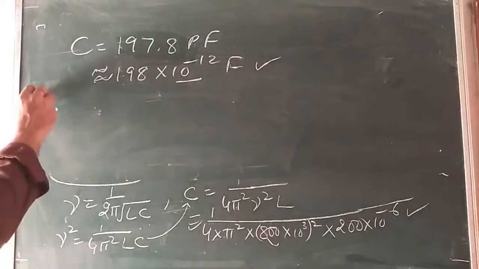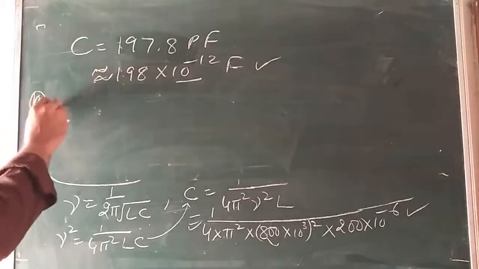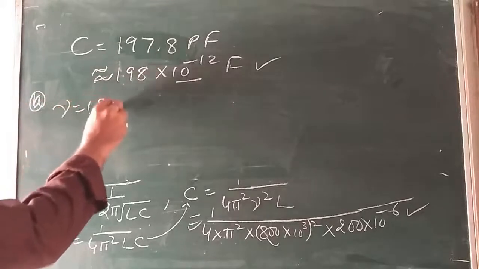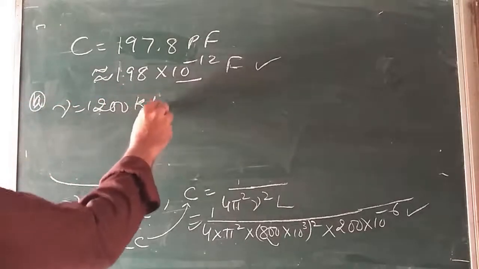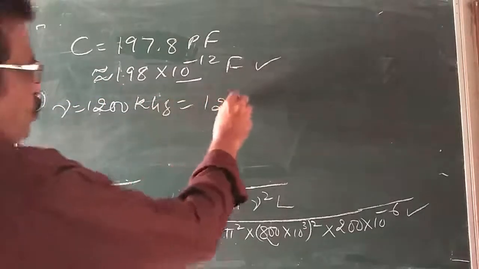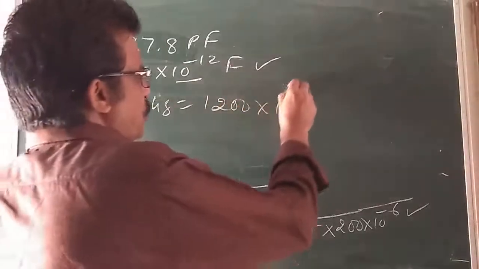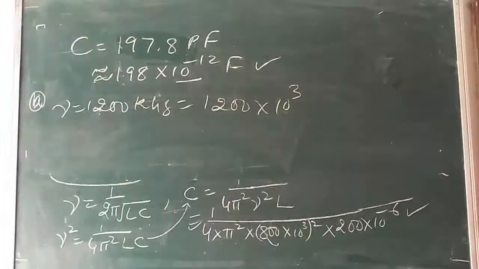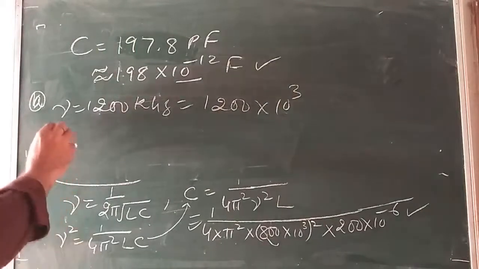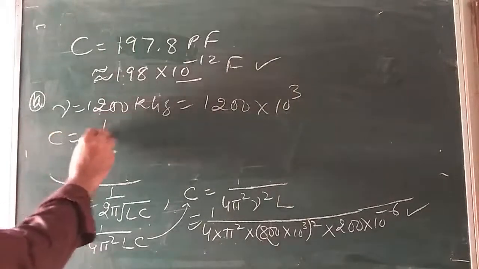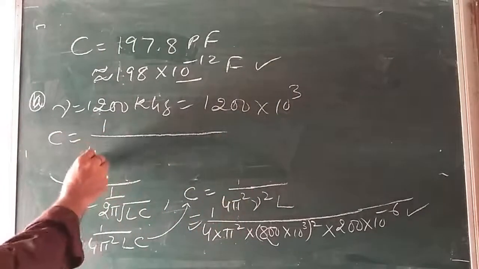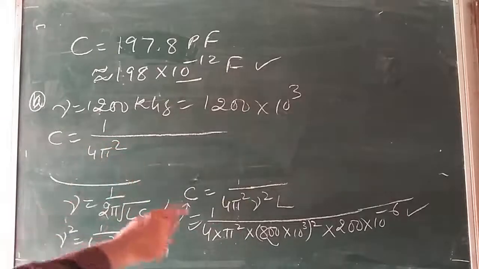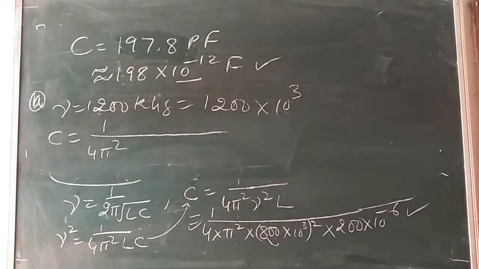In the second case, where the frequency is 1200 kilohertz, you may take 1200 into 10 raised to power 3. Then C is calculated again with the help of this formula, 1 by 4 pi square nu square L. Nu here is the frequency.